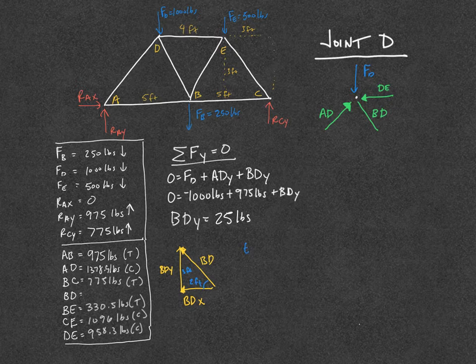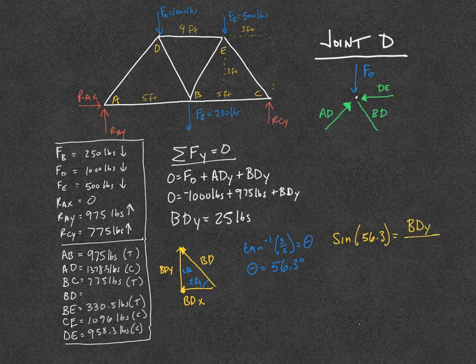I'm going to use trig here for this one, finding the angle. So inverse tangent of 3 over 2 for opposite over adjacent. I end up with 56.3. I'm doing sine of 56.3 to represent my opposite over hypotenuse, opposite being BDY, hypotenuse being BD.